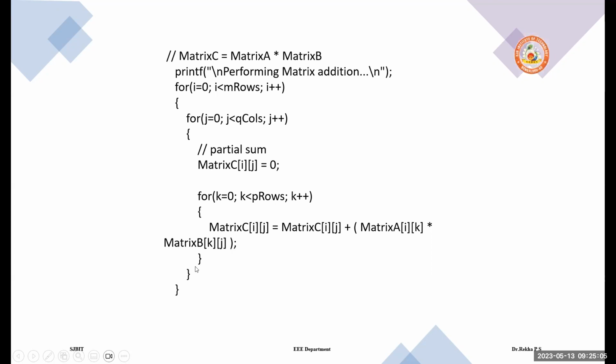Once this condition fails, the outer for loop will be executed. i is incremented. Again, the condition continues. So the outer loop is meant for rows. The inner loop is meant for columns. This is how the matrix multiplication is done.